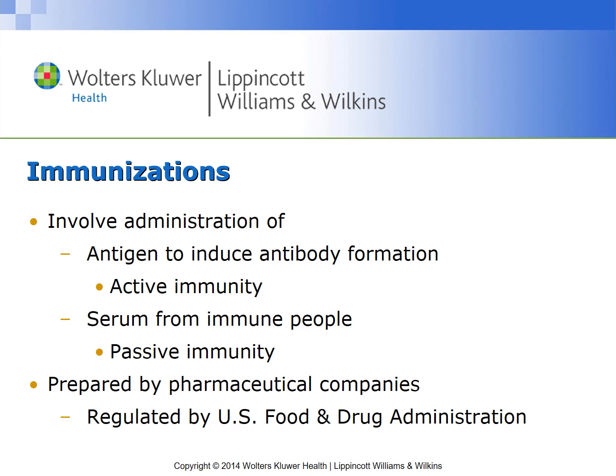The active immunity is where we give the antigen, like your vaccines or your immunizations, and the serum from immune people is the passive immunity. So kind of getting those straight in your head. And of course these are regulated by the FDA and that kind of thing.